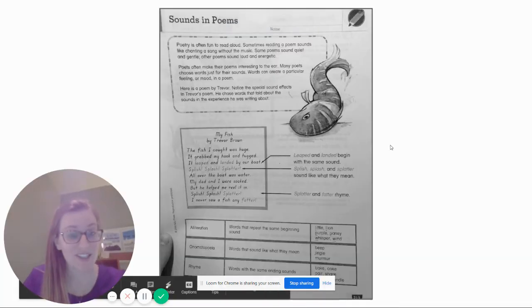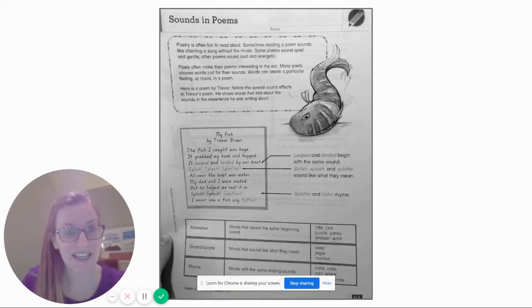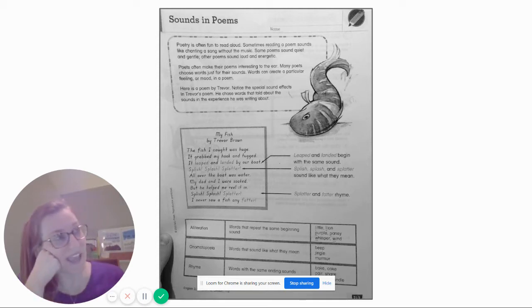Okay, so if you see here, we are talking about sounds in poems. Poetry is often fun to read out loud. Sometimes reading a poem sounds like chanting a song without the music or saying the lyrics. Some poems sound quiet and gentle, and other poems sound loud and energetic. Often, the way poets choose words is on purpose.